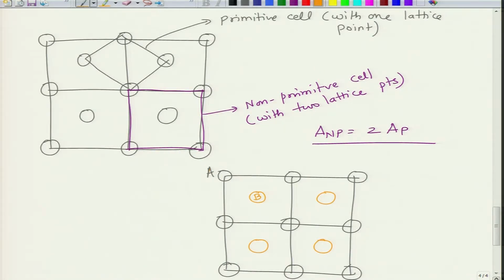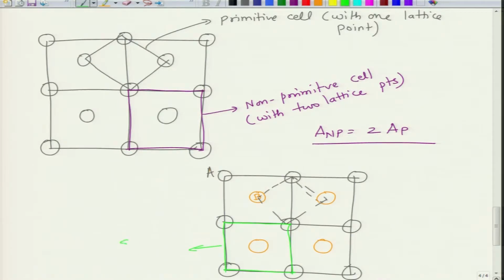So, if you now construct this as a lattice unit cell, this is not the smallest unit cell, because you have different lattice points with different neighborhoods. Instead, the lattice now becomes this particular body, which is repeatable in space.